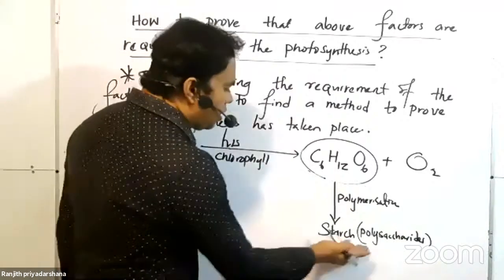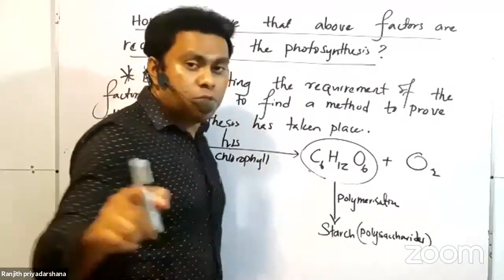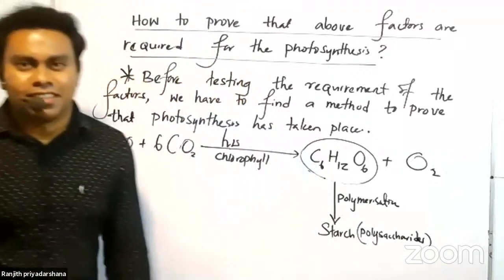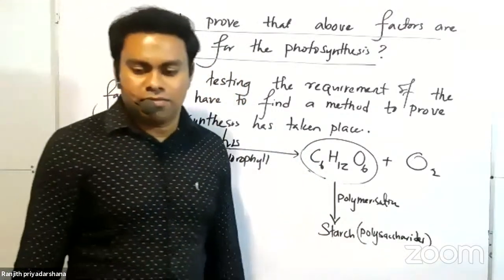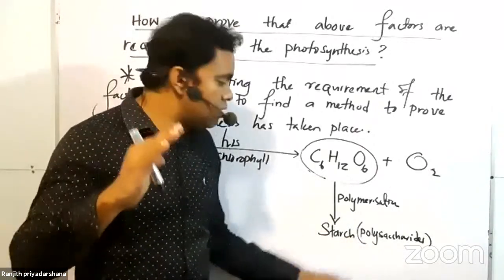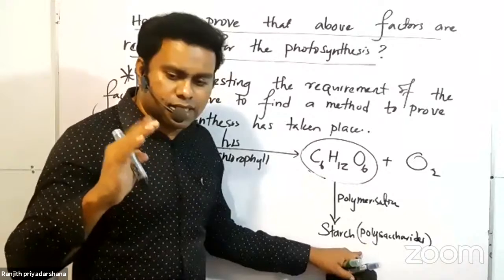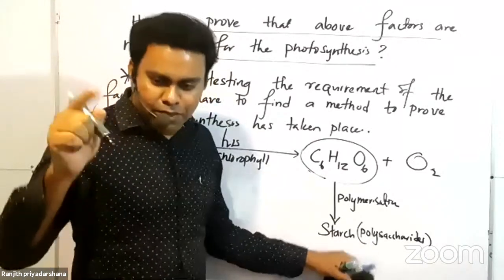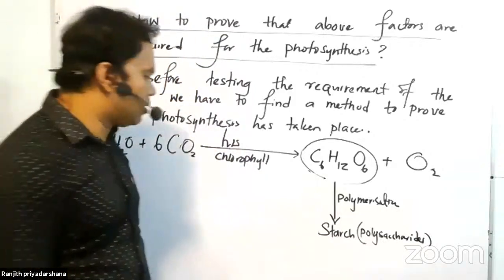So this is a plant polysaccharide. In the animal's body, another polysaccharide exists. What's that? That's glycogen. And in the plant body, a structural polysaccharide exists. That is cellulose.